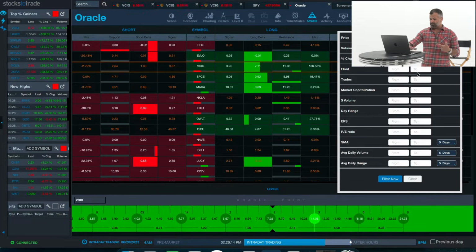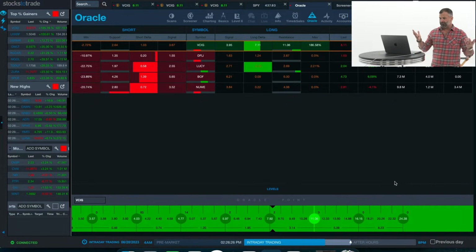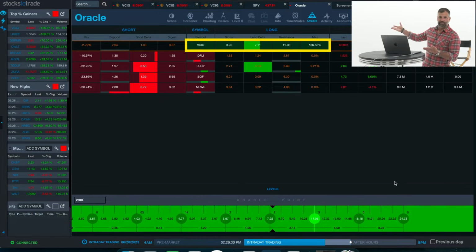Traditionally we're looking at less than 10 million shares in the float. If I filter, now you can see I've got 5 stocks, and only one stock is green directional bias. And guess which one it is? The absolute best stock of the day, VCIG.